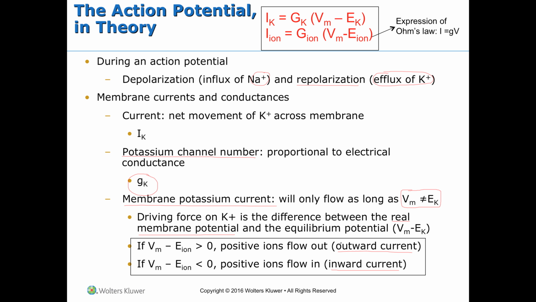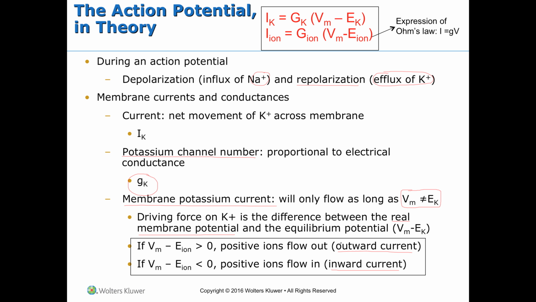So our equation is negative 65 minus negative 80, which turns into a positive, and that will be 15 millivolts. 15 is greater than 0. This results in positive ions flowing out, and that's what we see.